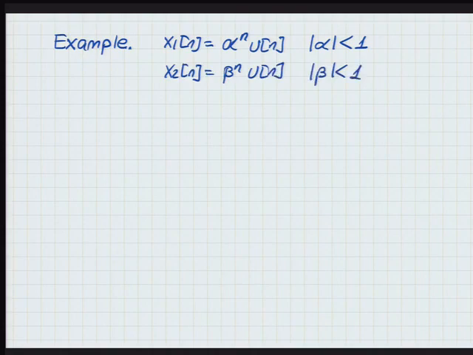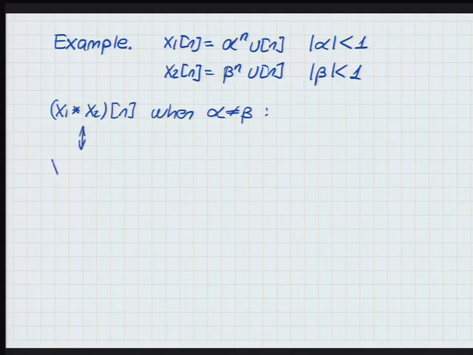And we're interested in finding the convolution of the 2. And I'll make your life easier and assume that alpha and beta are distinct. Okay? This will just help us in the derivation, but of course you can get around it if they are the same, and we'll do that as a separate example.